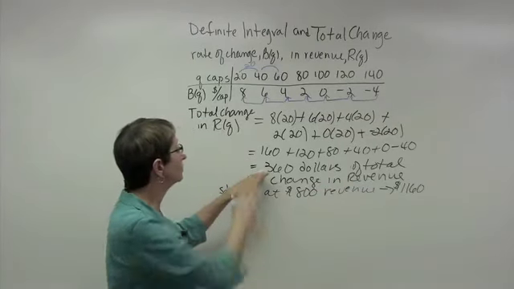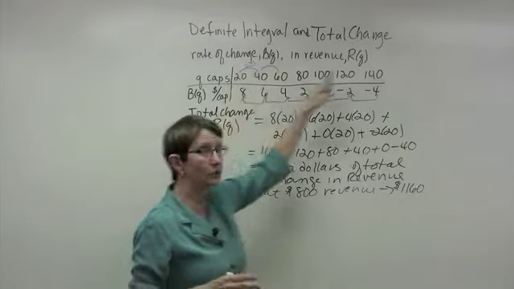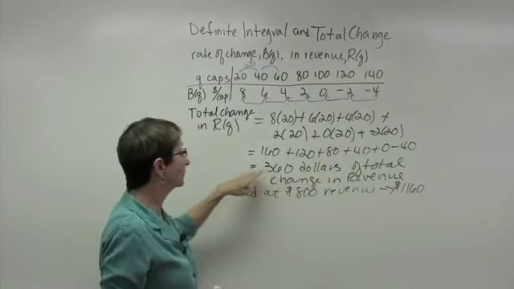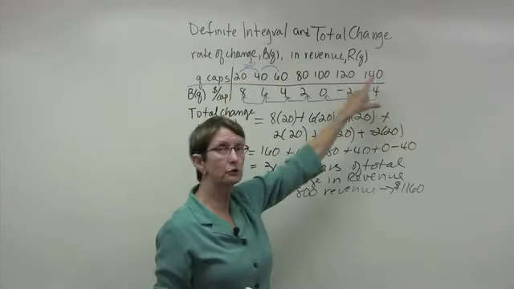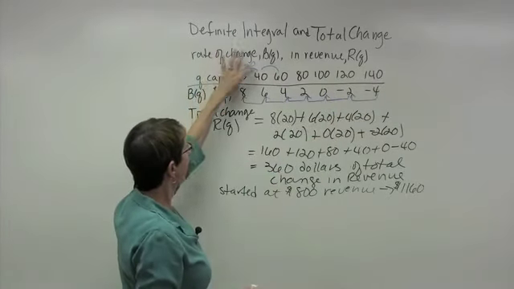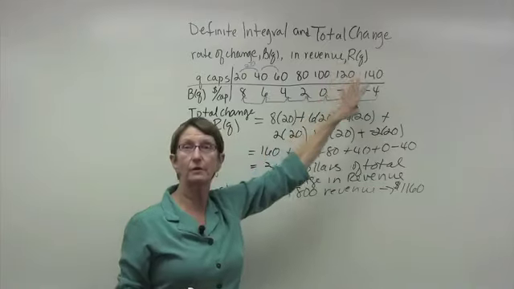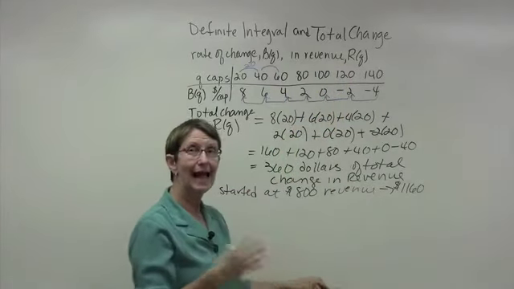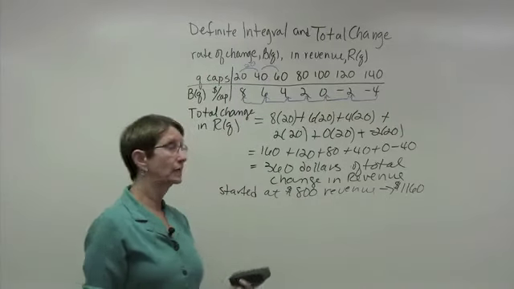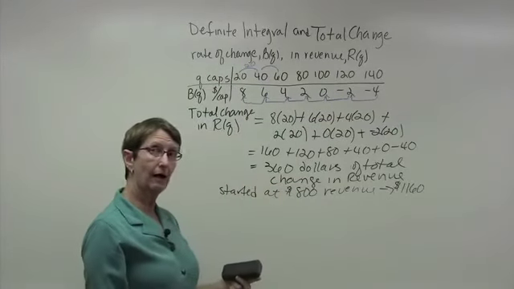We just know that revenue over that interval from 20 to 140 increased $360. So I went the interval from 20 to 140, and I divided it up into subintervals of 20 each. Now, I can write all of this as a definite integral, but this is the way we would work it out.